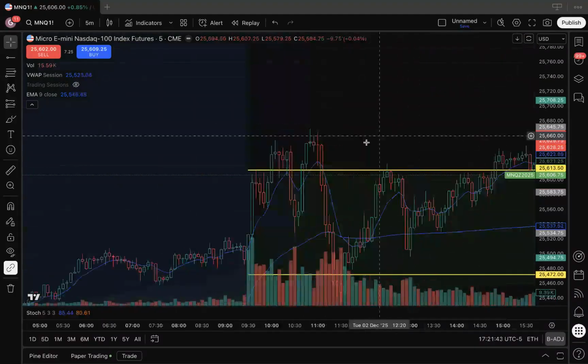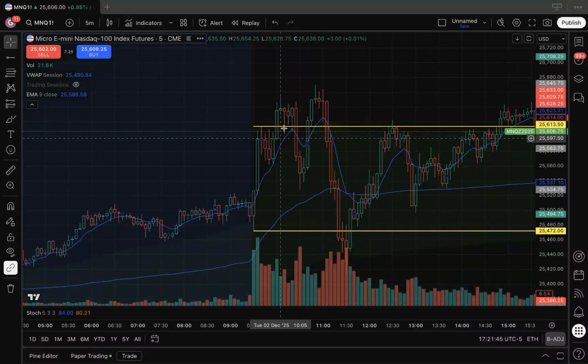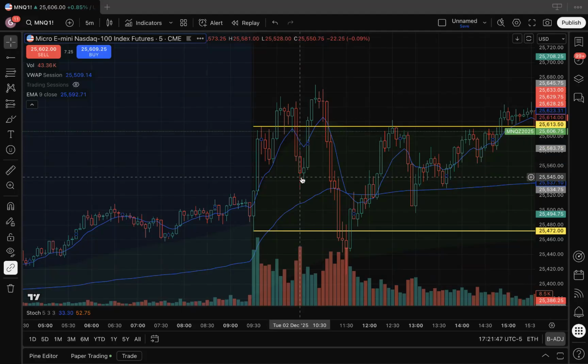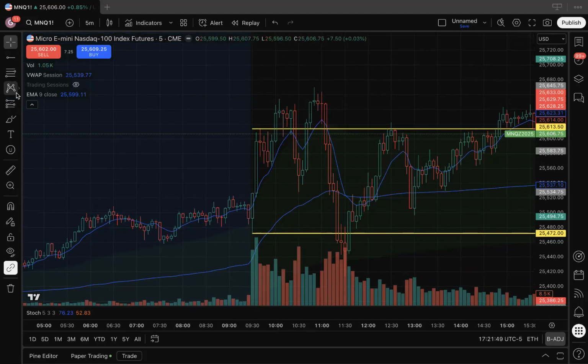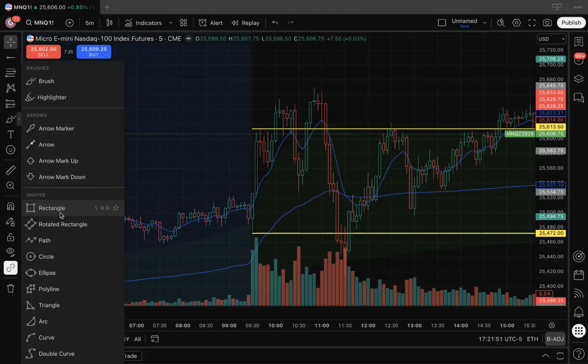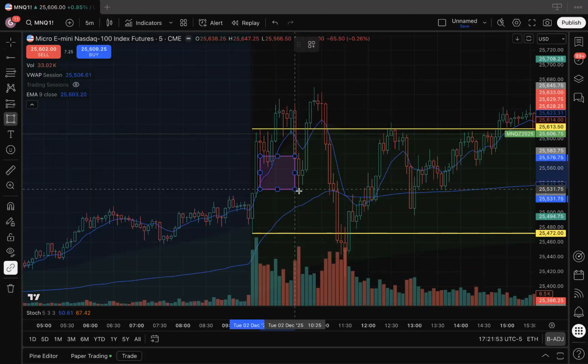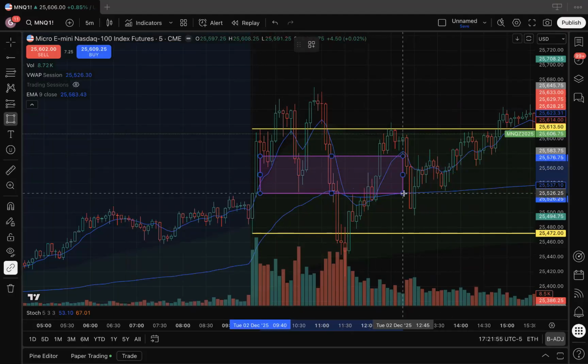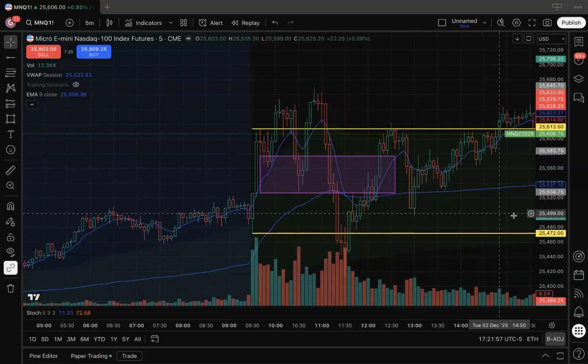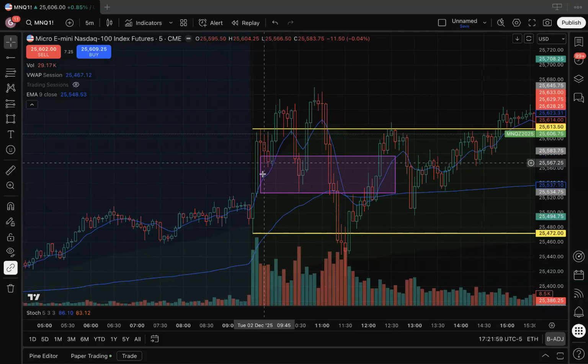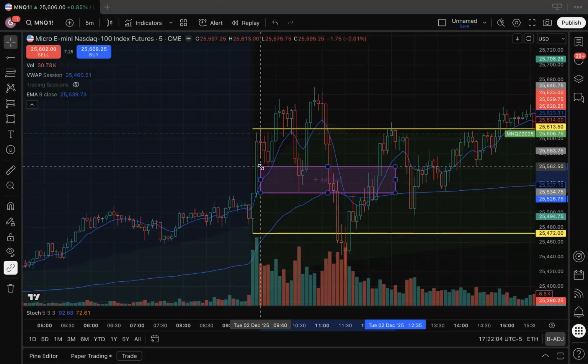So here's your breakout right here, okay? It breaks out, and then it pulls back down, okay? This is where you're looking for your fair value gap. If you don't know what a fair value gap is, you can leave it in the comments below, and I will make a video on it. But essentially, this is where your fair value gap is. Some people would even mark it here.